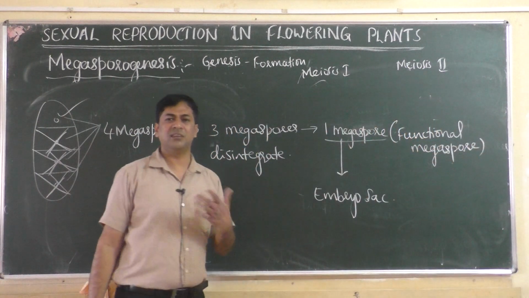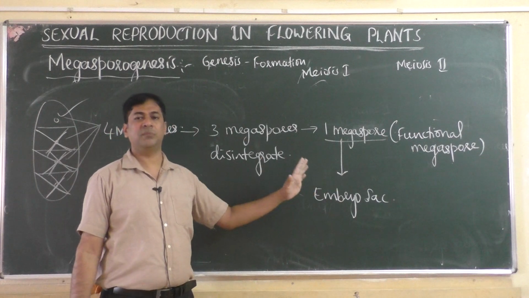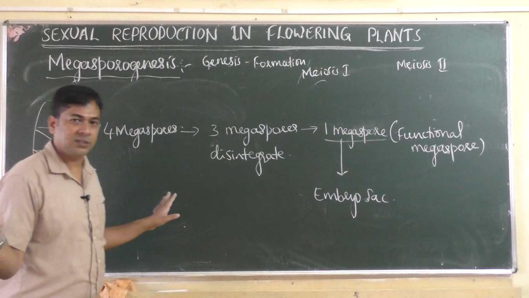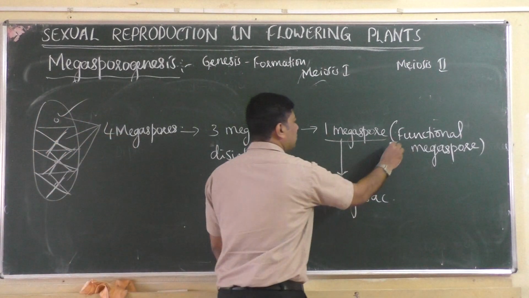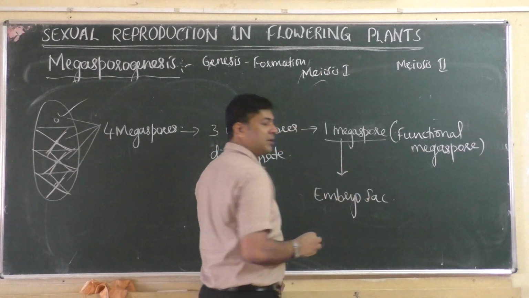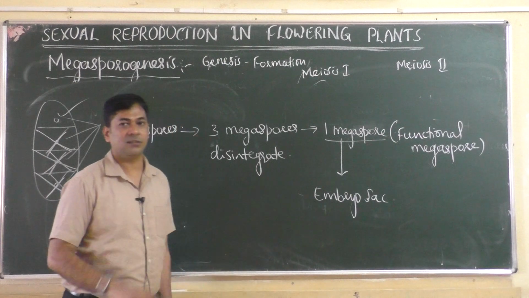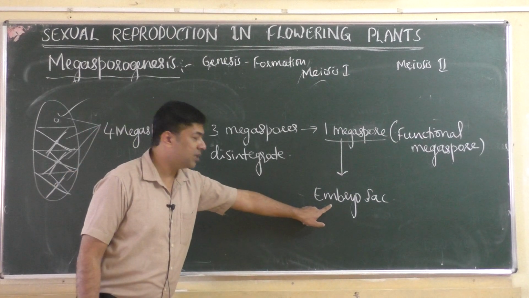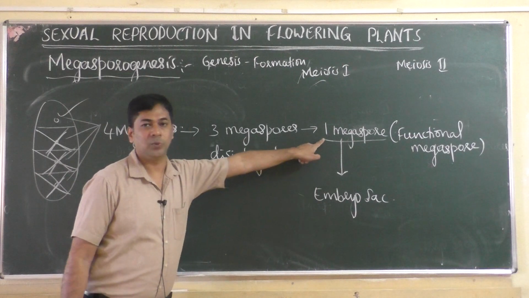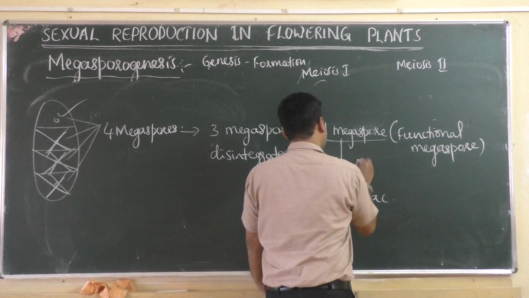Functional means working. Only 1 megaspore will produce embryo sac, so 1 megaspore is working. The remaining 3 megaspores don't produce embryo sac. So this type of development of embryo sac from 1 functional megaspore is called monosporic development.